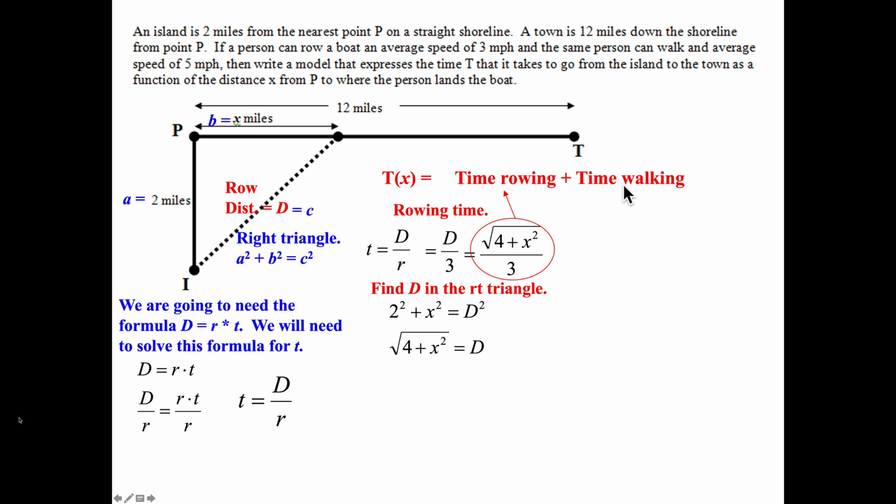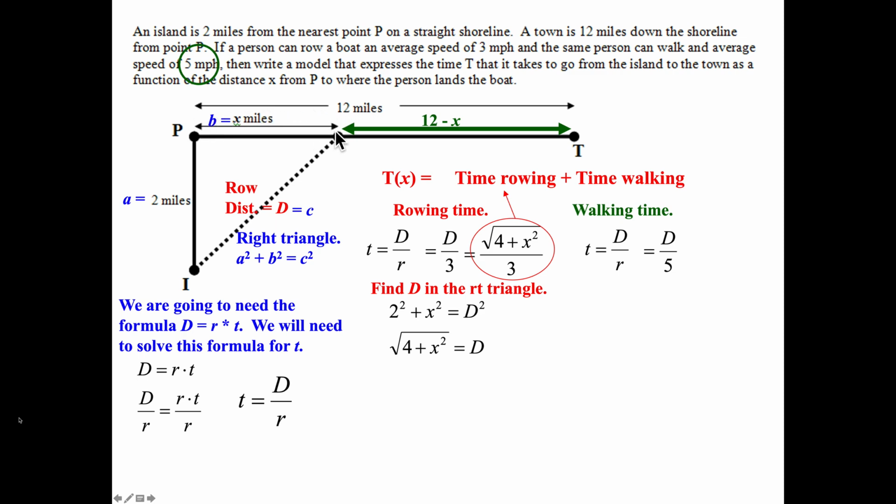Now, time for walking is this distance right here. Well, it's not labeled, so I need to put something there. But again, we know how fast we walk is 5 miles per hour. So just like we did with the rowing time, let's put 5 in for R and then find the distance we need to walk. Well, from P to T is 12 miles.